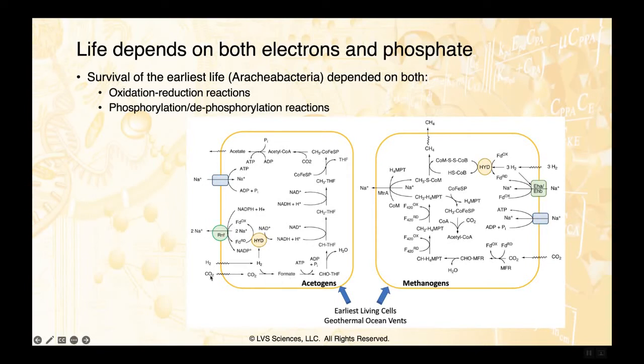So CO2 is considered mineralized carbon, H2 is inorganic, it's hydrogen, but when we combine those two together, we form formate. Now, there's a phosphorylation event that occurs, so we consume an ATP in order to activate that formate, and we produce a formyl THF derivative. We don't need to go into all the biochemistry here, but then there are two steps where we add electrons to that.